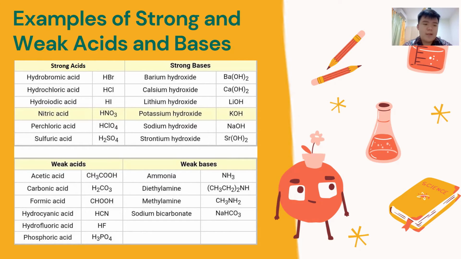Weak acids are such as acetic acid, carbonic acid, formic acid, hydrocyanic acid, hydrofluoric acid, and phosphoric acid. And lastly, weak bases are such as ammonia, diethylamine, methylamine, and sodium bicarbonate.